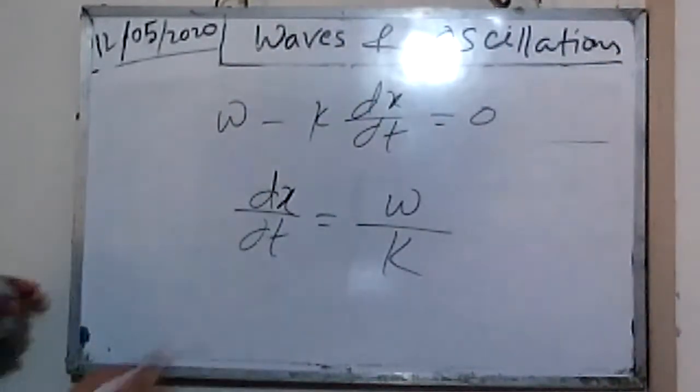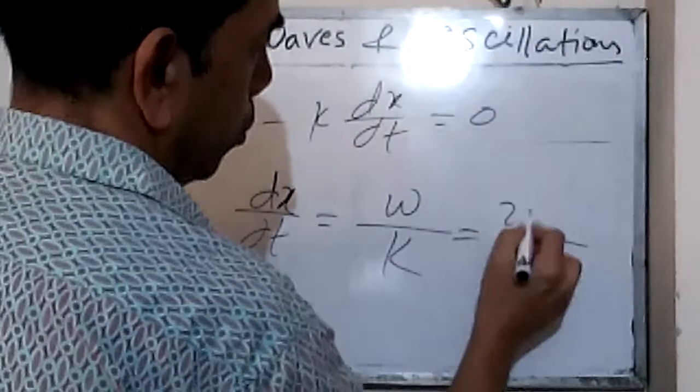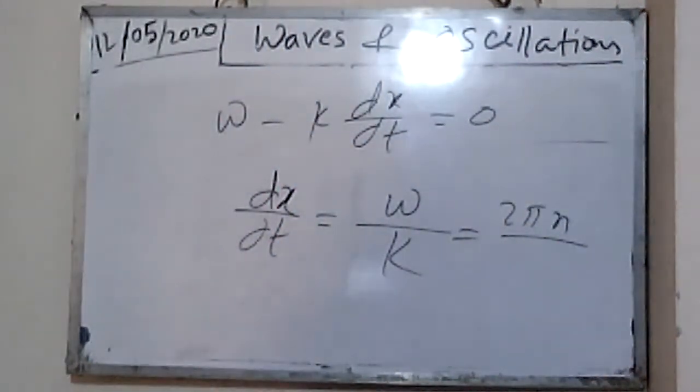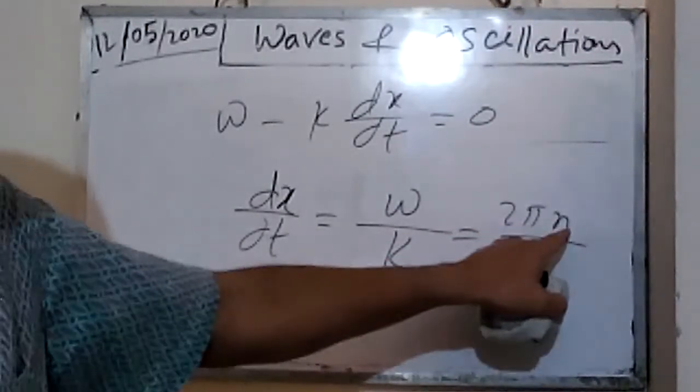Now omega equals 2 pi n. Omega means angular velocity, equal to 2 pi n, where n is the frequency.